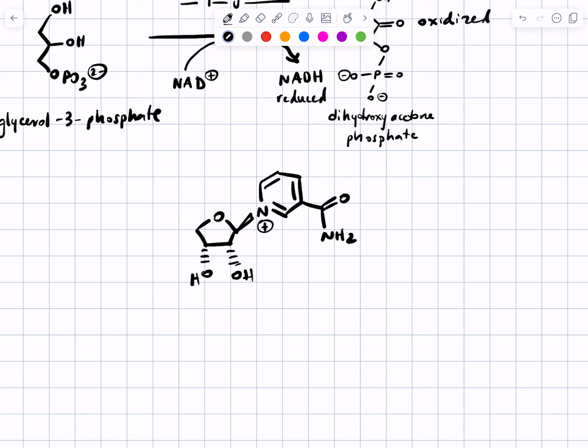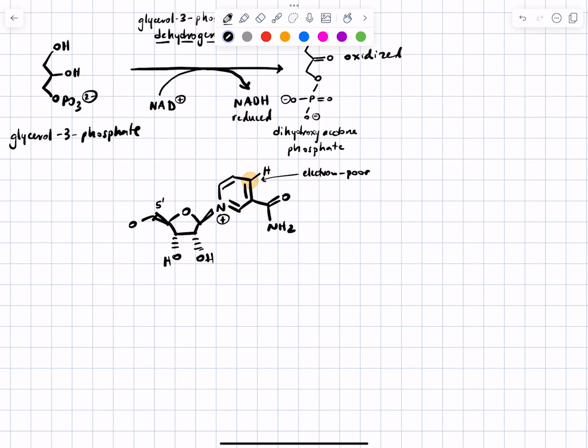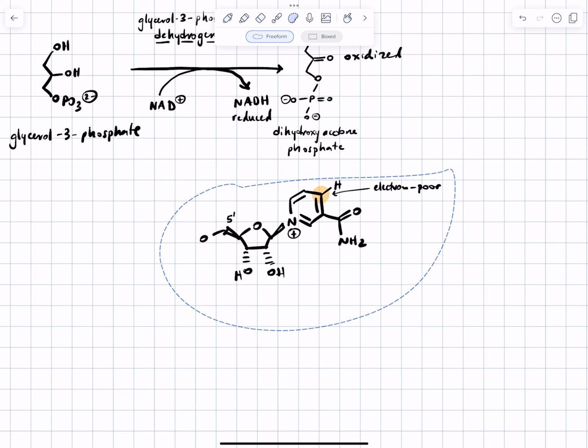And in a second, I will convince you that this carbon here is electron poor. While we're drawing the rest of the molecule, think on that and see if you can convince yourself why it's electron poor. Then you've got the 5' hydroxyl group, which is itself bonded to 2 phosphates.